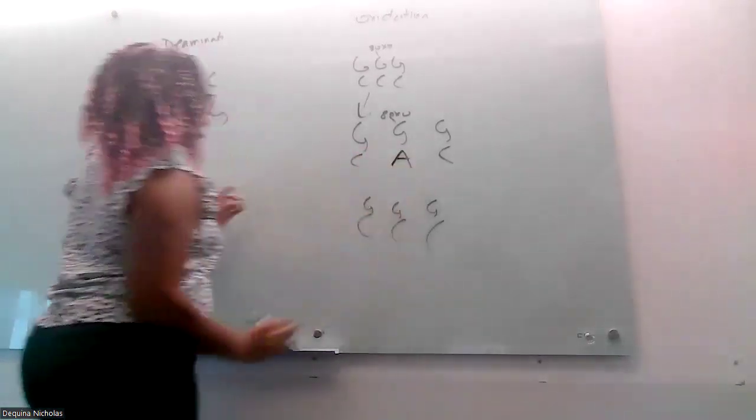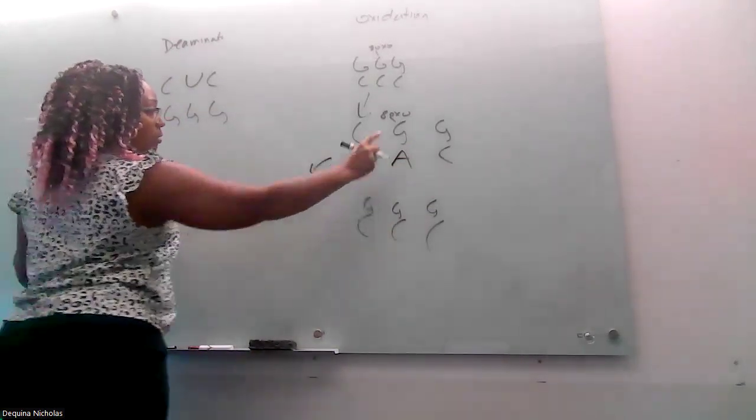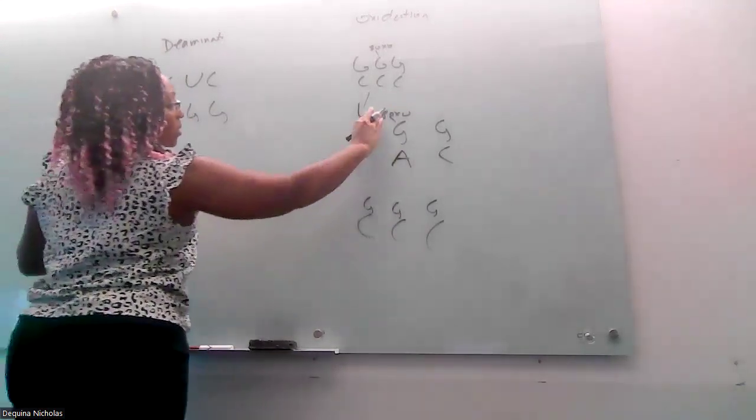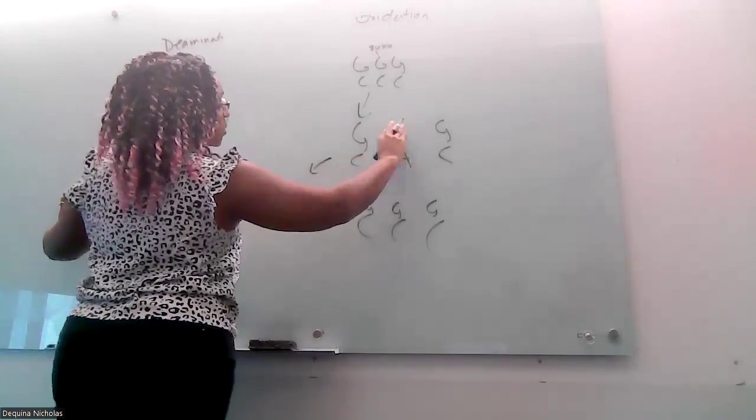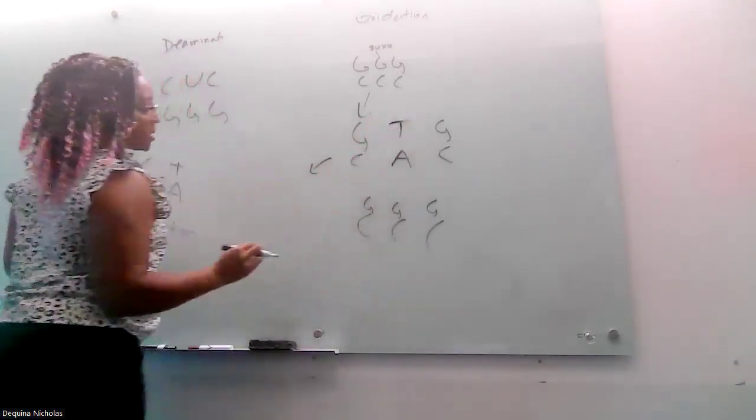So if we end up getting an A, then what happens in the next step? G becomes T. G becomes T once we fix it, because we don't want an 8-oxoguanine since that's not normally part of our bases.